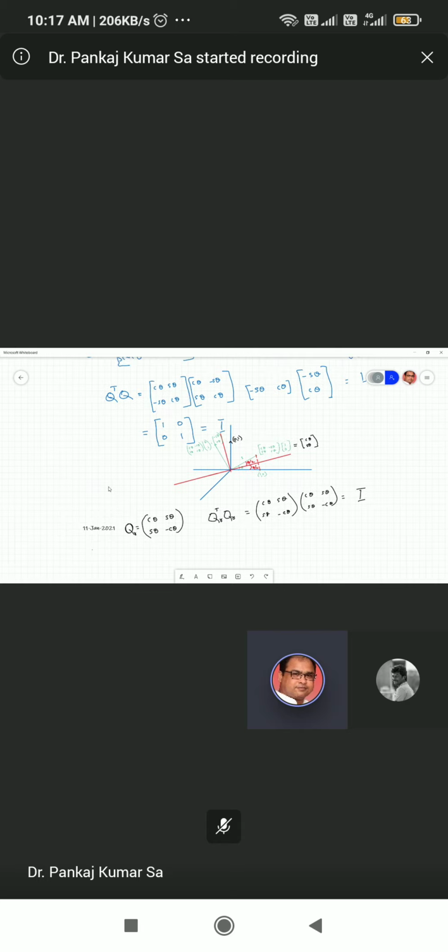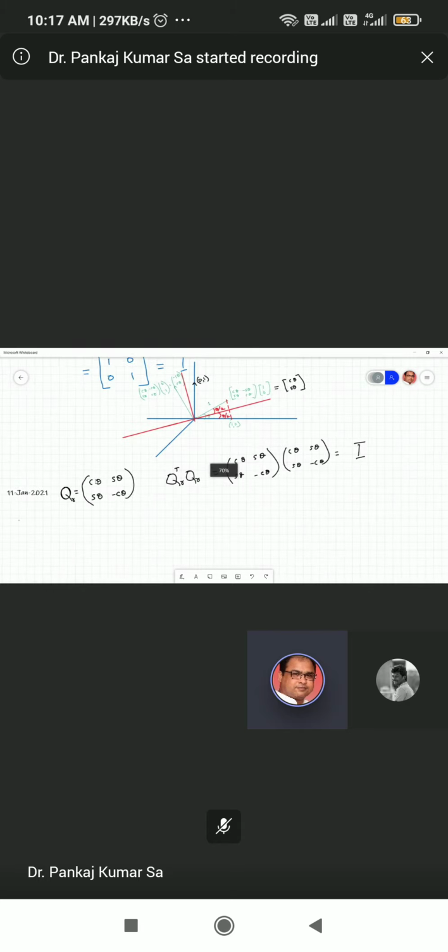Q, we talked about as a rotation matrix, and you will be surprised that this QR is actually a reflection matrix, reflection.